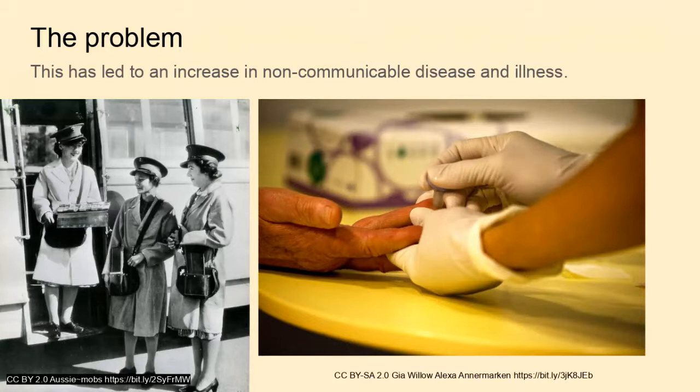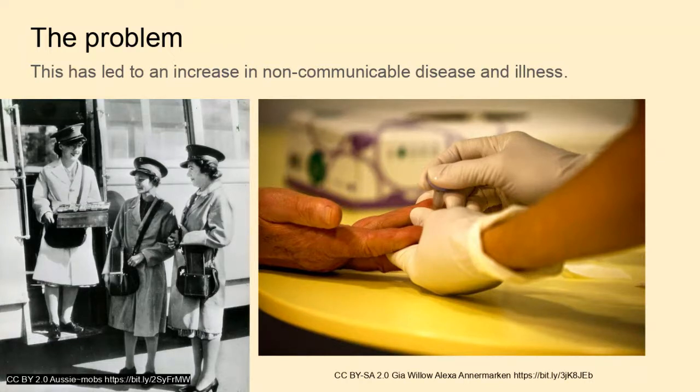They found that, as you might expect, bus conductors had far fewer negative cardiac outcomes than bus drivers, who were largely sedentary. This kick-started interest in looking at the effects of our lifestyle on non-communicable diseases.